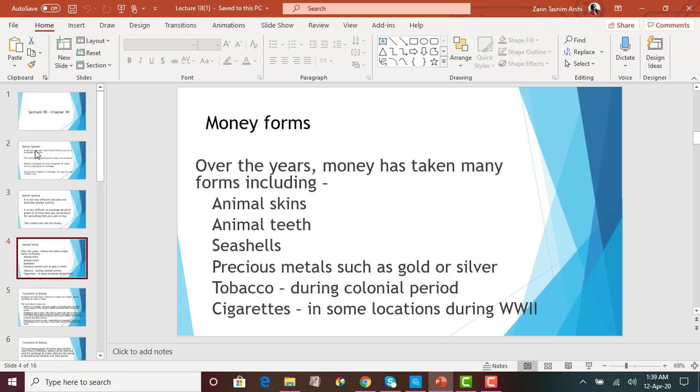Then precious metals such as gold and silver, which is probably still applicable to some extent, because we have silver coins, and some nations have exchanged gold for some items. Then tobacco was used as money during the colonial period, and cigarettes during World War II, in some locations, were actually used as money.